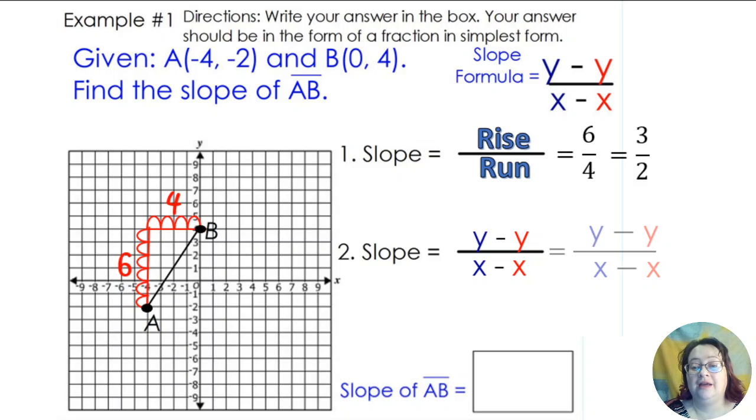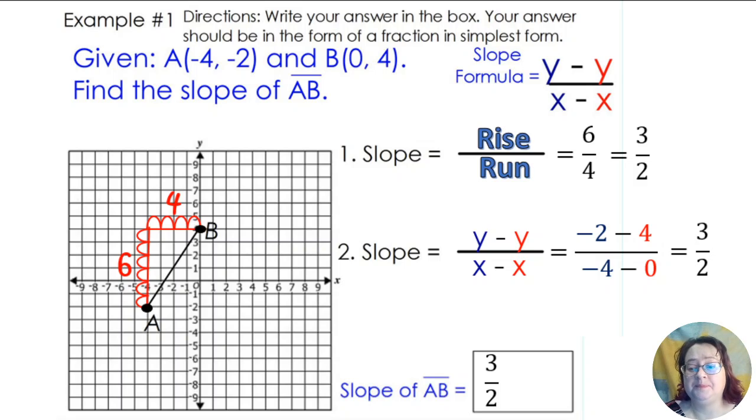So if I start with point A, I have to start with point A on the bottom too. So -2 is my y value for point A, minus 4, my y value for point B, over -4, which is my x value for point A, and minus 0, my x value for point B. I can plug this into Desmos just like I see it, and I get back 3/2. So that's our slope of AB.